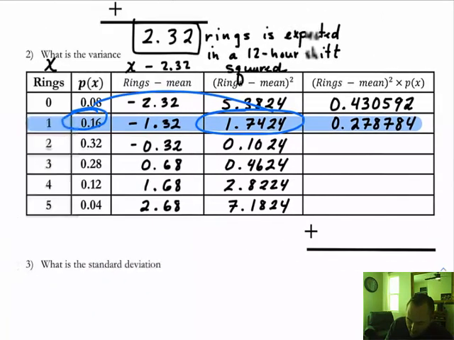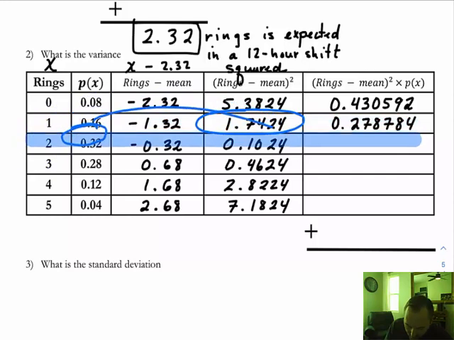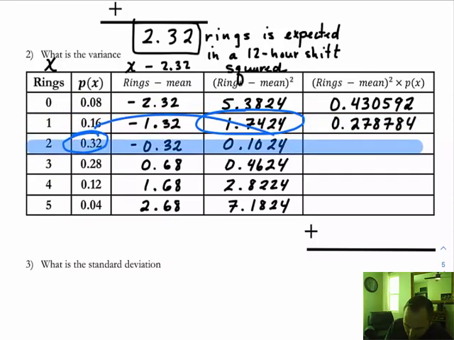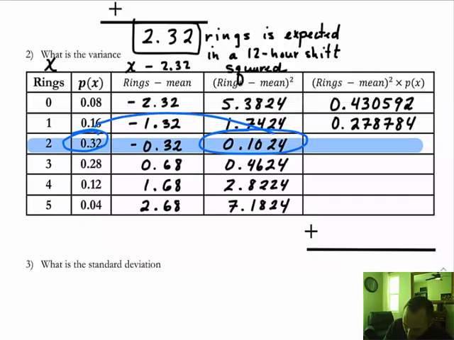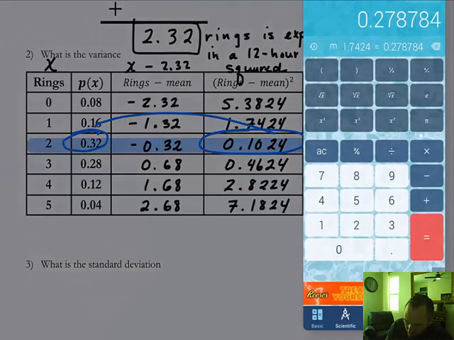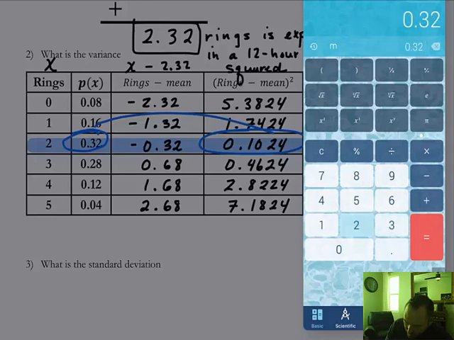Okay, done. 4 more of these to go. The next, I'm going to multiply 0.32 times the 0.1024. Okay, so that gives us this number, 0.032768.